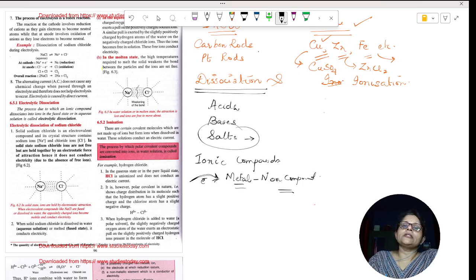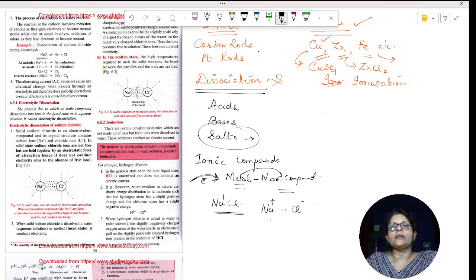Here the metal gives its electrons, a complete transfer of electrons. Inside the crystal itself, if you are taking NaCl, you can see a structure of Na positive ions and Cl minus ions bonded like this inside the crystal of the compound.